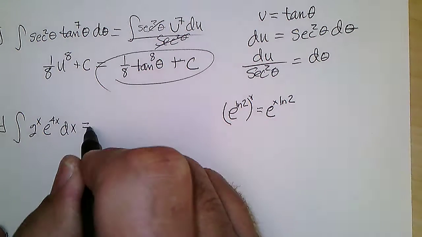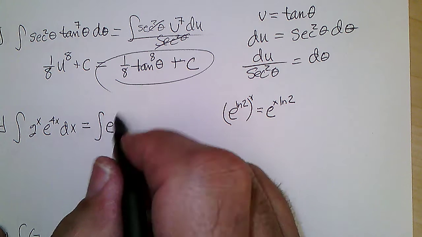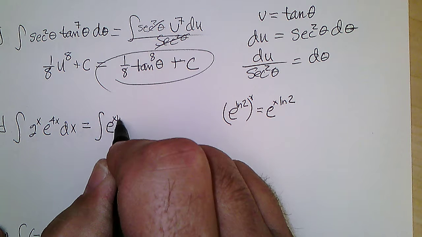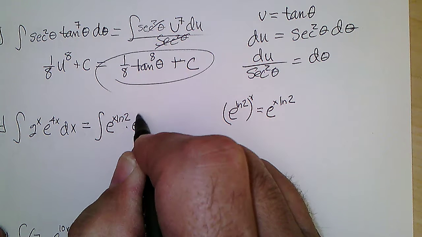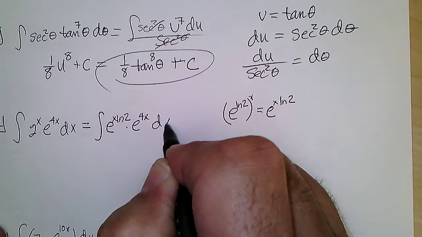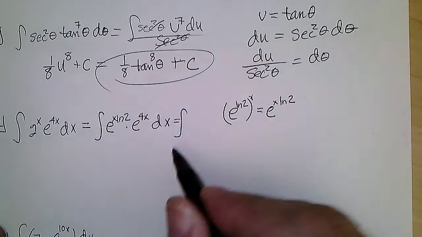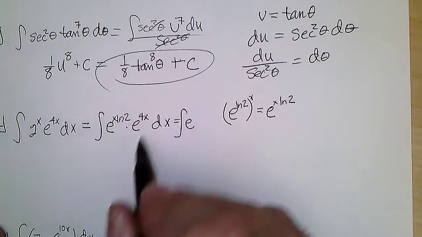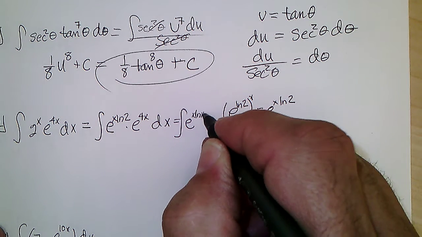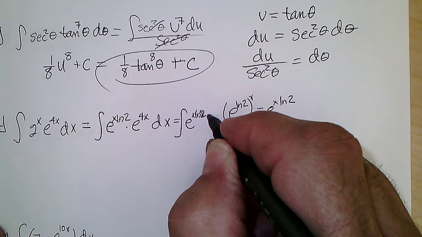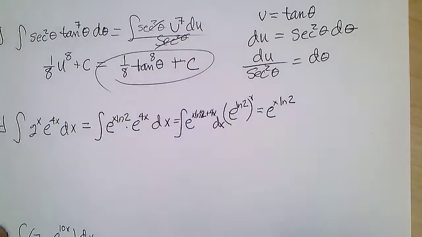So this is the integral of e to the x ln 2 times e to the 4x dx, which is the integral of e. We would add these, so we get x ln 2 plus 4x dx.